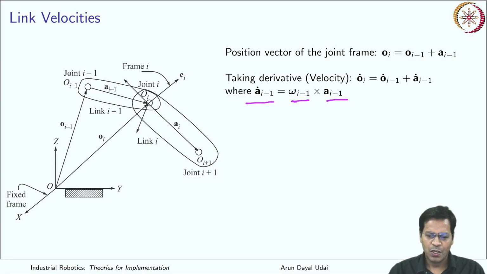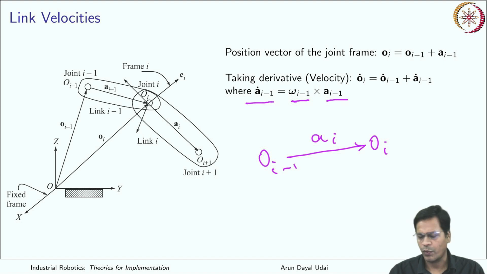How do you know? You see, you have a vector which is Ai. Got it? We know that the magnitude of this is constant, that is the link length between the frame Oi and Oi-1. But a vector can be changed in two different ways. First, by changing its magnitude, or it can also change its direction.